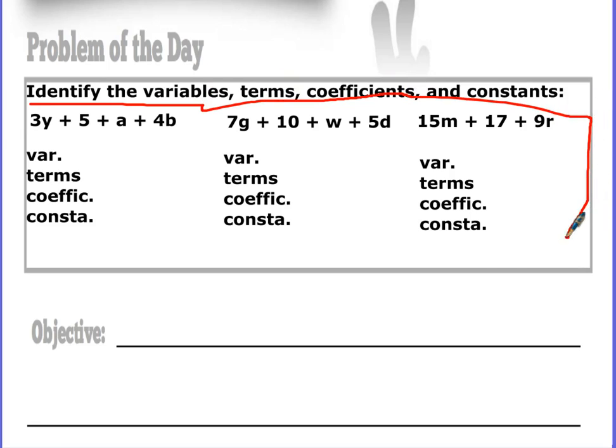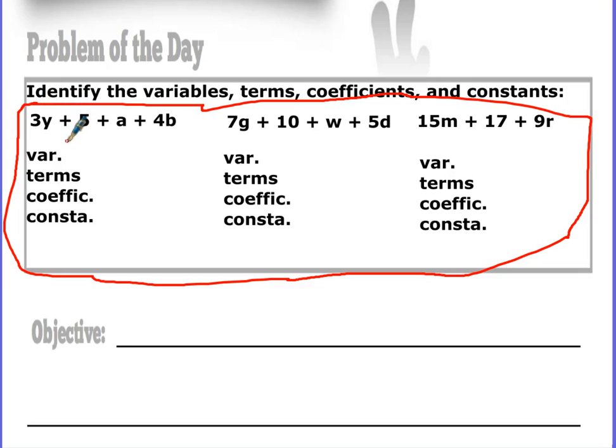Everything I've outlined, you're writing down on your paper, and then you're going to pull out all of the variables, pull out the terms, pull out the coefficients, and pull out the constants. So write down all 3 expressions and pull out the various elements, and then check back in. So pause the video here for 4 minutes, and then check back in after 4 minutes.